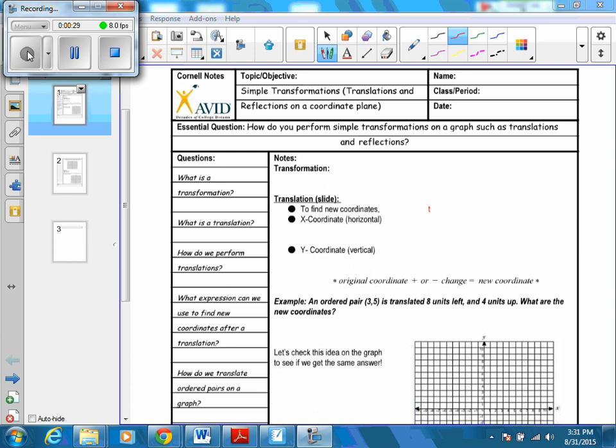So a transformation is going to be a movement of a geometric figure that changes its shape or position.